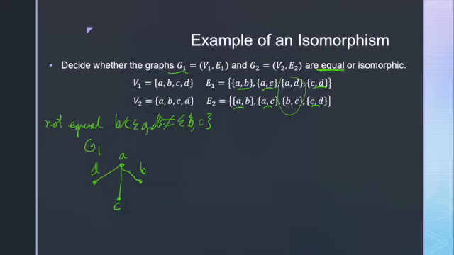Then for my next graph, we'll label our points in the same order. A, D, B, C. I have A goes to B, A goes to C, B goes to C, and then C, AB, AC, BC, oh, there's no AD.